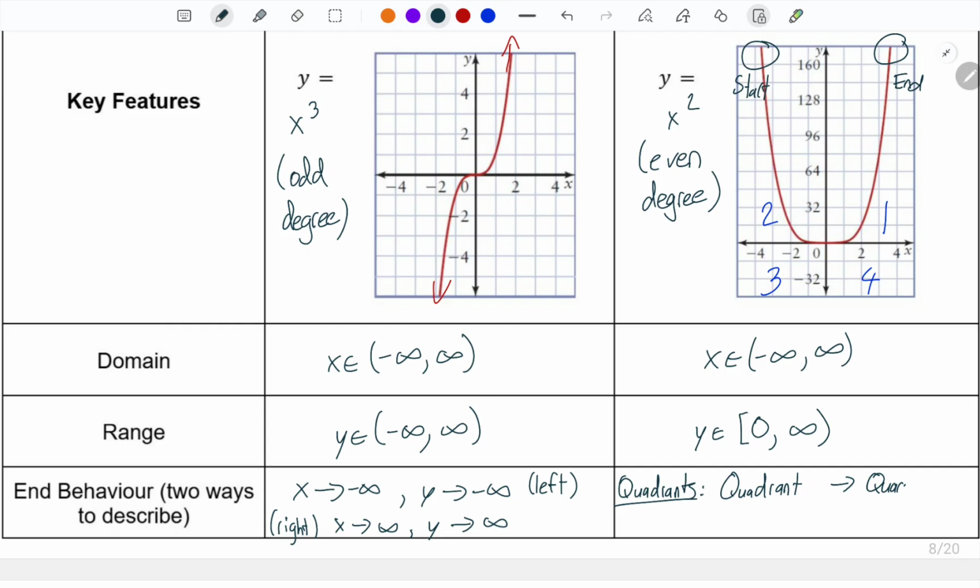We started in quadrant 2 there. That is the behavior. So two different ways of describing end behavior. Both are totally fine to use, and you will need to be able to recognize both of them.